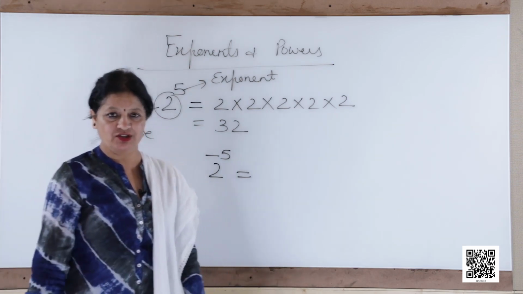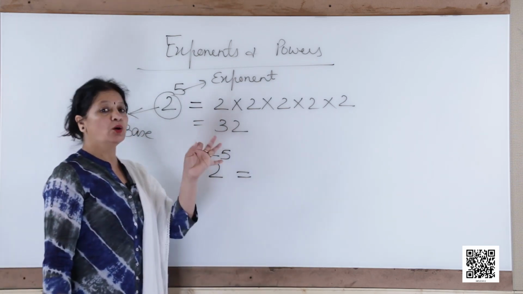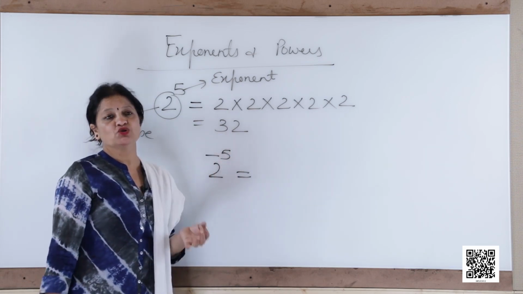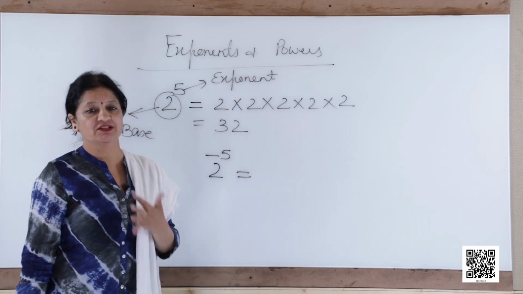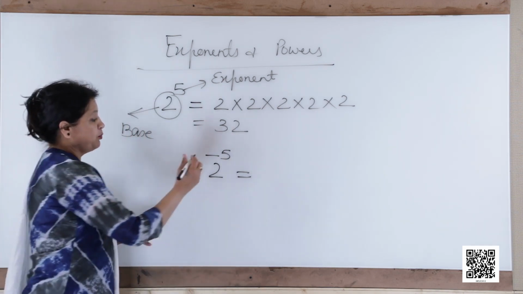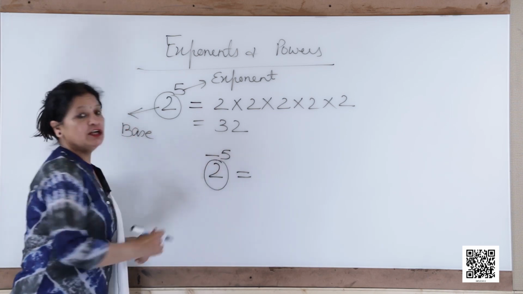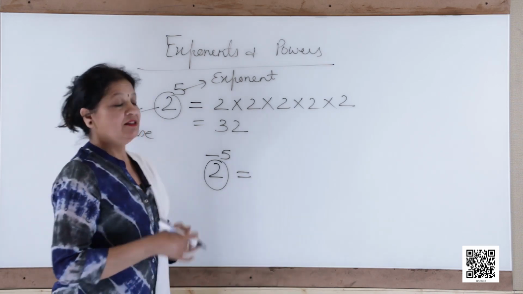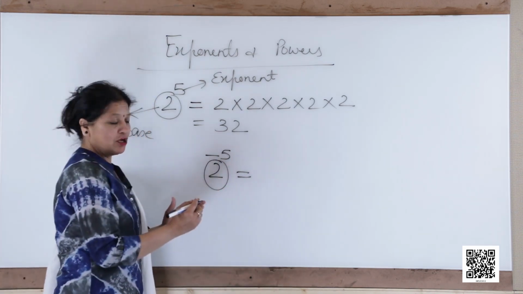Then how to solve it? Remember one thing, whenever the power is negative, first of all, we have to make it positive. To make it positive, all we need to do is take the reciprocal of the base.